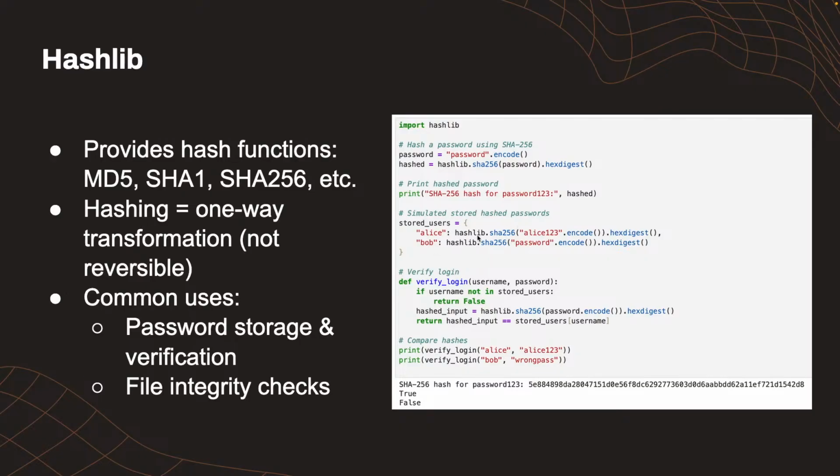You can have 2 users here, and a function that just checks if the hashes match. This is basically used for password checking. It doesn't check the plain text, it checks the hash of it. It checks it for Alice and Bob, and since Alice's password here matches, it returns true.